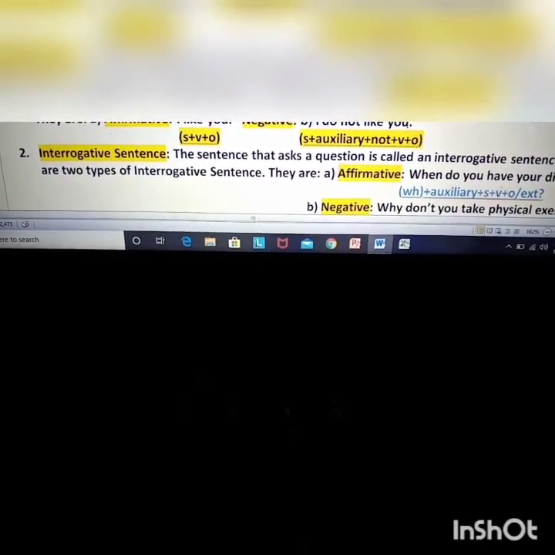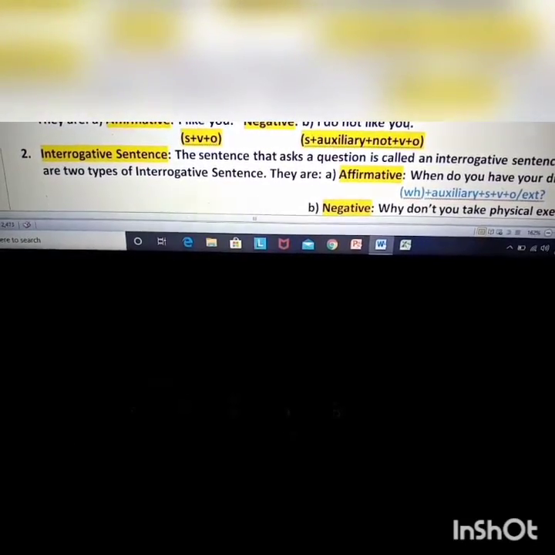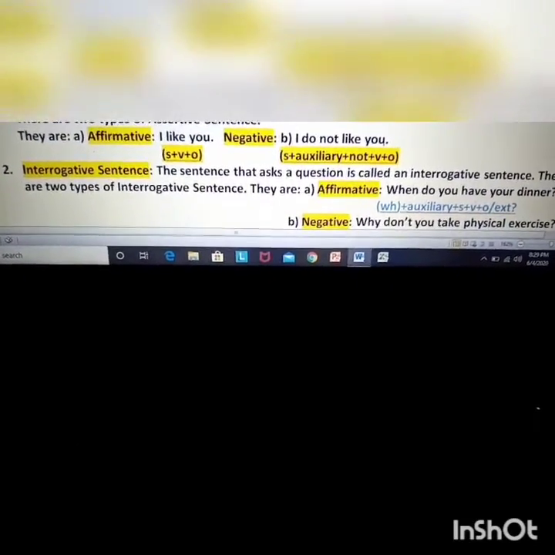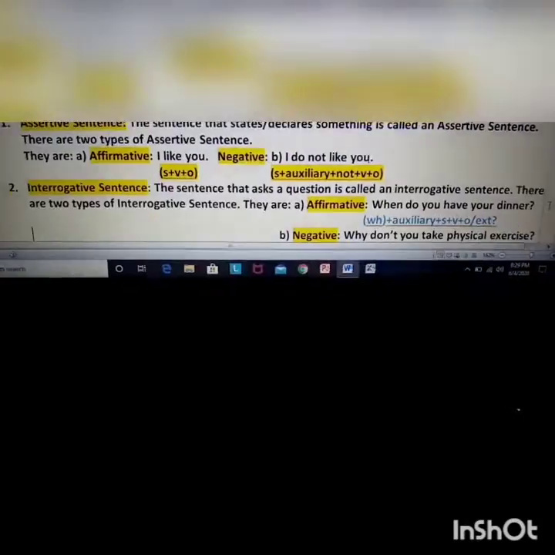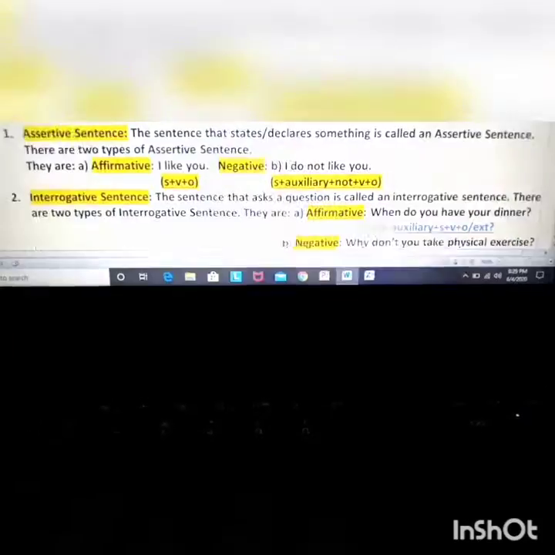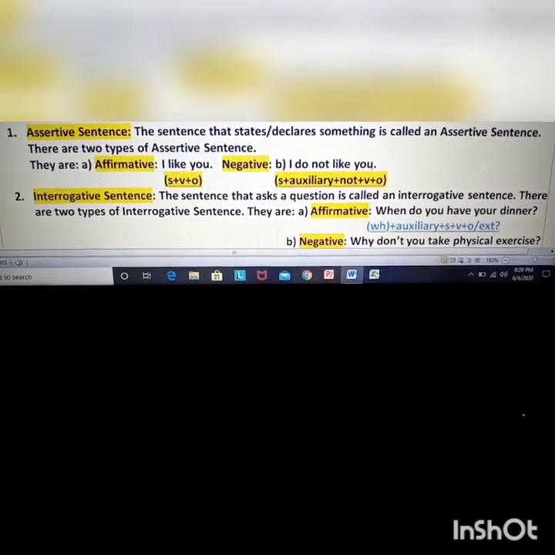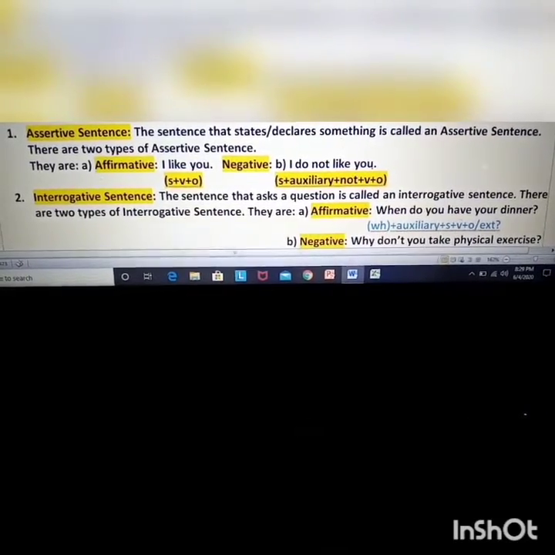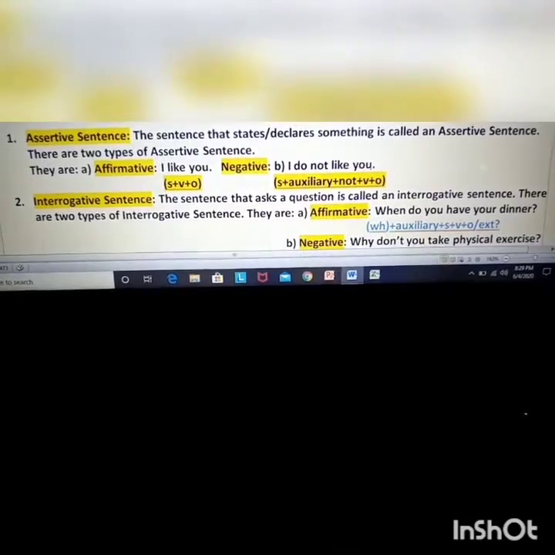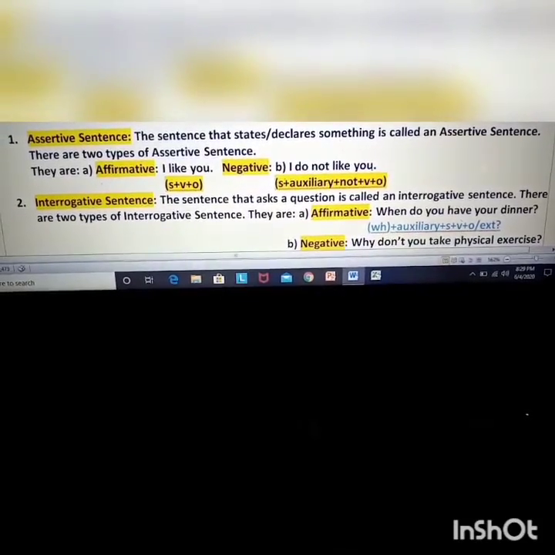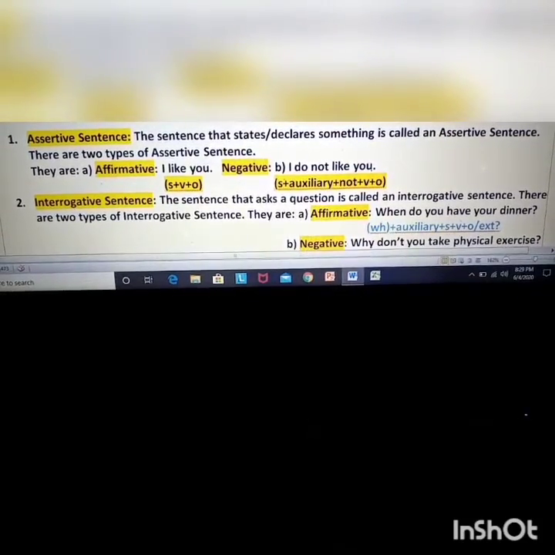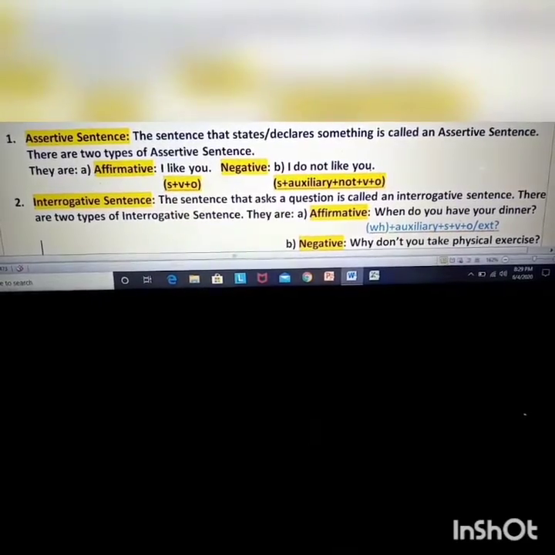In number 2, we can see interrogative sentence. And what is an interrogative sentence? The sentence that asks a question is called an interrogative sentence. মানে প্রশ্নবোধক বাক্য, যে বাক্য দিয়ে প্রশ্ন করা হয় সেটি হচ্ছে interrogative sentence.